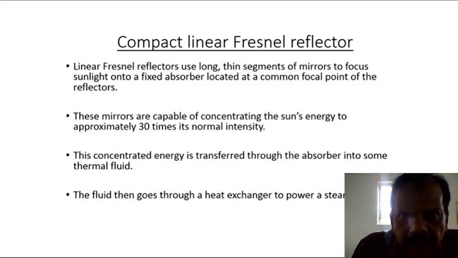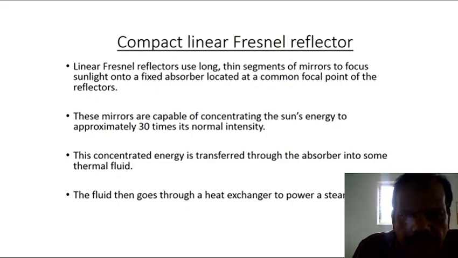Another type of reflector is called the compact linear Fresnel reflector. The linear Fresnel reflectors use long thin segments of mirrors to focus the sunlight onto a fixed absorber located at a common focal point of the reflector. These mirrors are capable of concentrating the sun's energy to approximately 30 times its normal intensity.